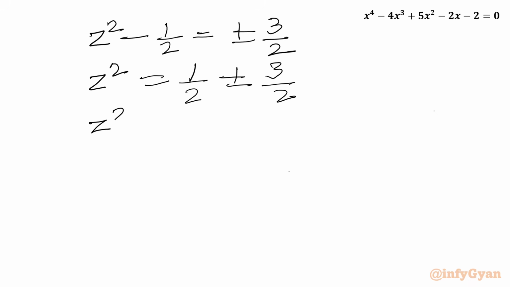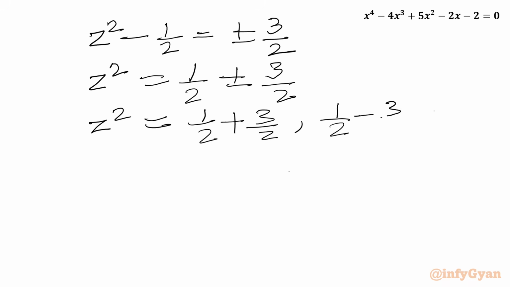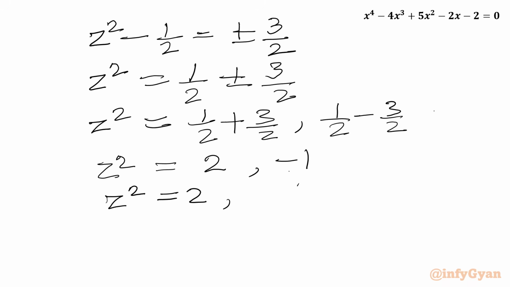So we can write z square will be equal to half plus 3 over 2, and half minus 3 over 2. So we will be writing z square equal to 1 plus 3 over 2, that is 4 over 2, which is 2, and 1 minus 3 over 2, that is minus 2 over 2, which is minus 1. Let me write separately: z square equal to 2, z square equal to minus 1.